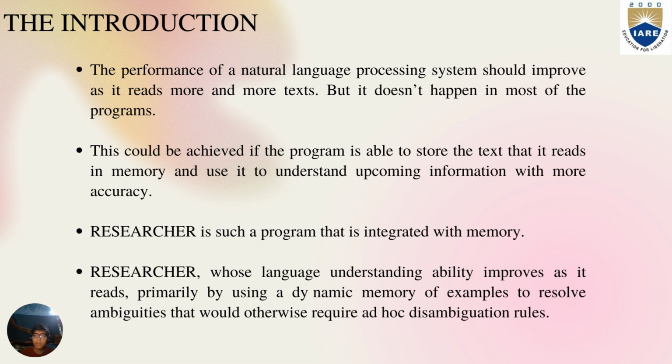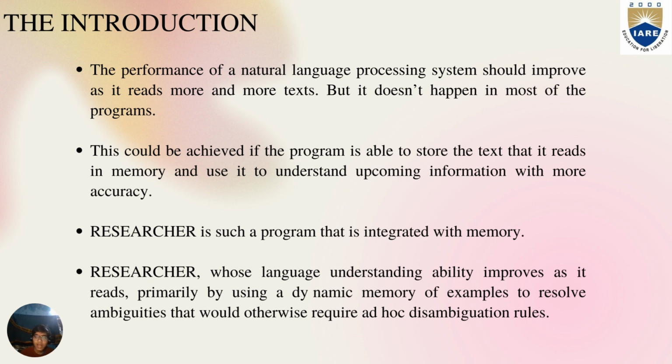This is clearly a problem for systems intended as cognitive models, since human language performance improves in a domain as knowledge is acquired. It is also troublesome for practical systems, since the lack of learning ability requires all the information needed for understanding to be hand-coded by the implementer.